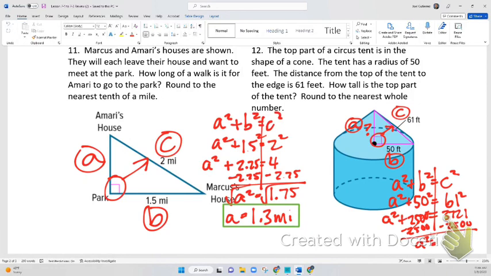And I'm left with A squared equals 1,221. And then last but not least, I do the square root of 1,221. And this leaves me with A equals 34.9. And in this case, we are talking about feet. So that's how tall the tent is.